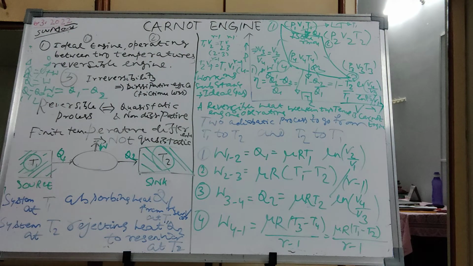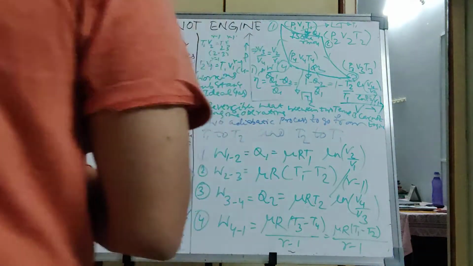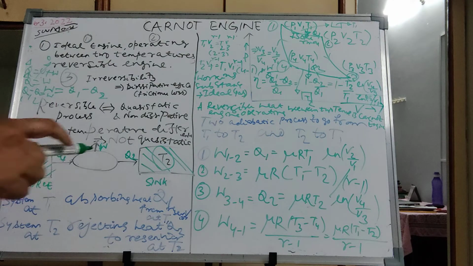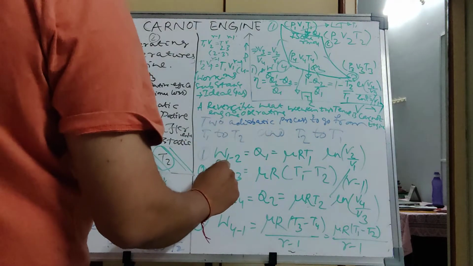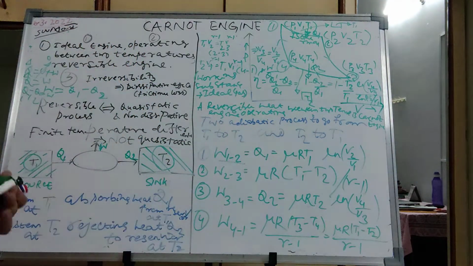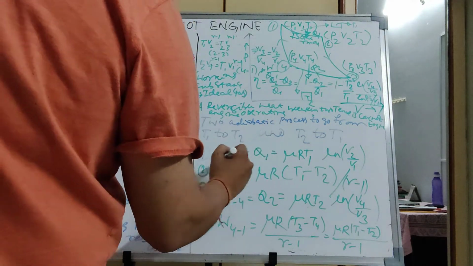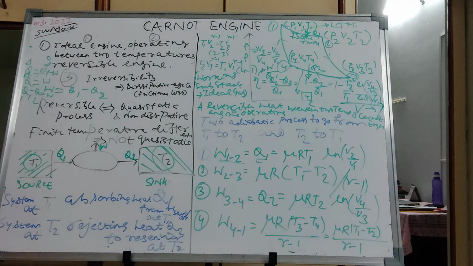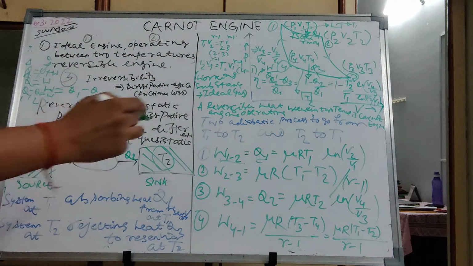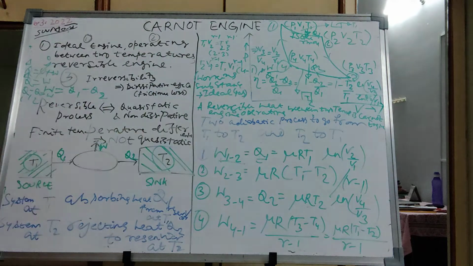Then for the first process, process 1 to 2, the isothermal expansion, whatever work we are doing is the same as the heat received. Because in the first process, you are receiving some heat and some work is being done.